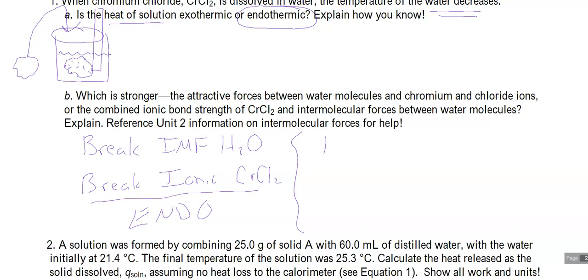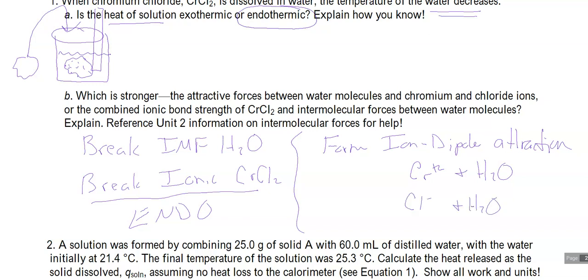Well, we're going to form ion dipole attractive forces between the Cr+2 and water, okay, specifically the negative end, the oxygen part, and the Cl- and water, specifically the hydrogen part.